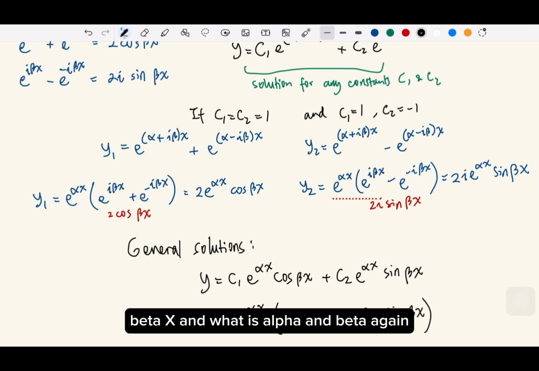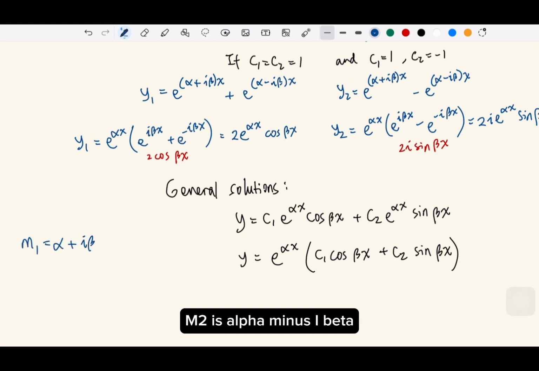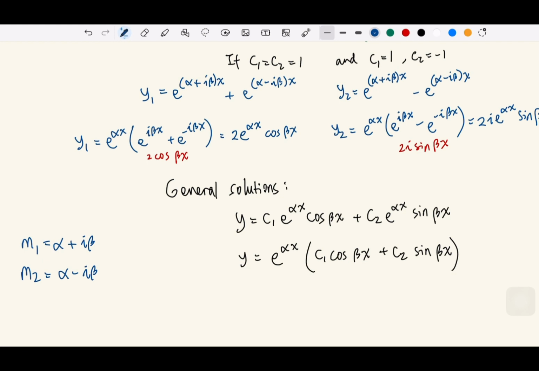Okay. And what is alpha and beta? Again, that is our conjugate complex. So let me write here that m1 is alpha plus i beta and m2 is alpha minus i beta. And how do we get the conjugate complex?